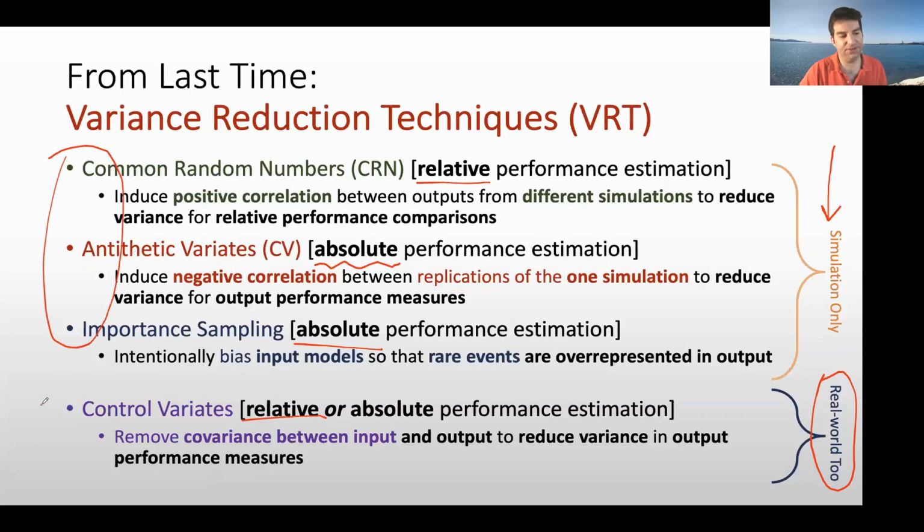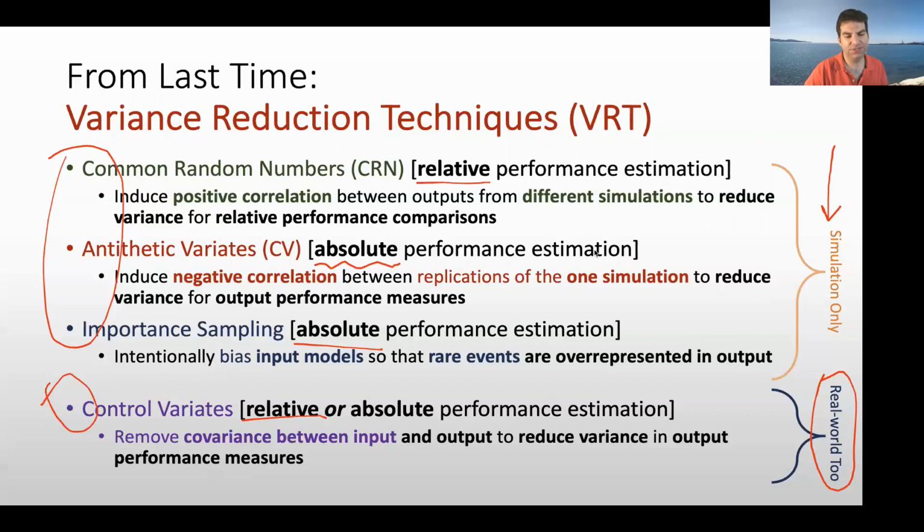This VRT down here, control variates, you can apply to any experiment you do. So if you're testing a jet engine, for example, and you want to control for the effect of temperature in the test rig on the jet engine's performance, you can use control variates in your real experiment with your real jet engine. You can do that just as well.